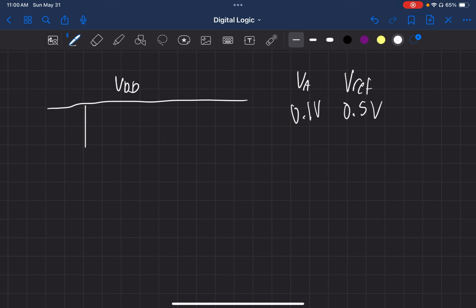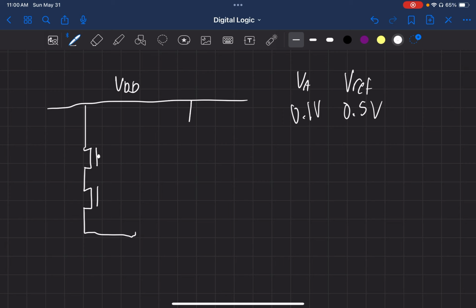So the idea is that we're going to have an inverter here, right? We're going to have this inverter here, just bear with me.